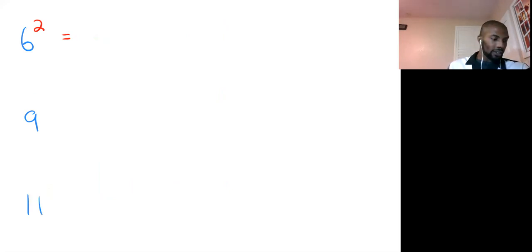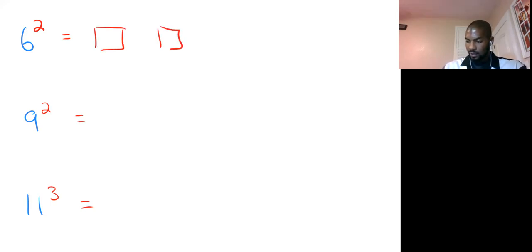All right, 9 to the second power, and 11 to the third power. Again, very simply, I just draw the number of boxes I need, and you fill them in with the base. I need 2 boxes because I have the power of 2. 6 times 6 is 36. 6 to the second power is 36.